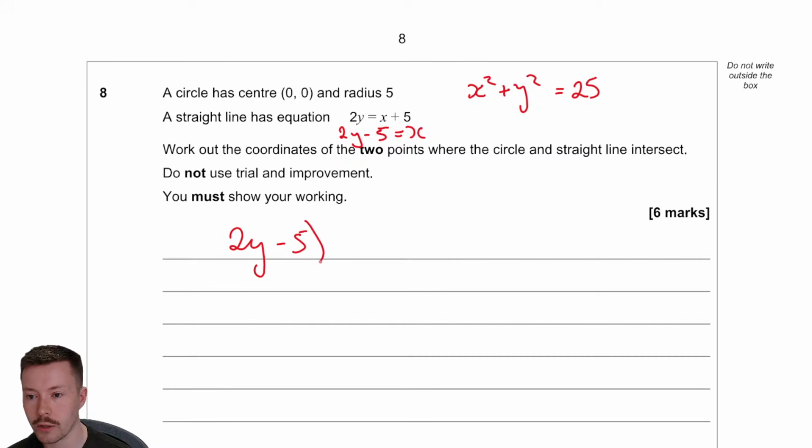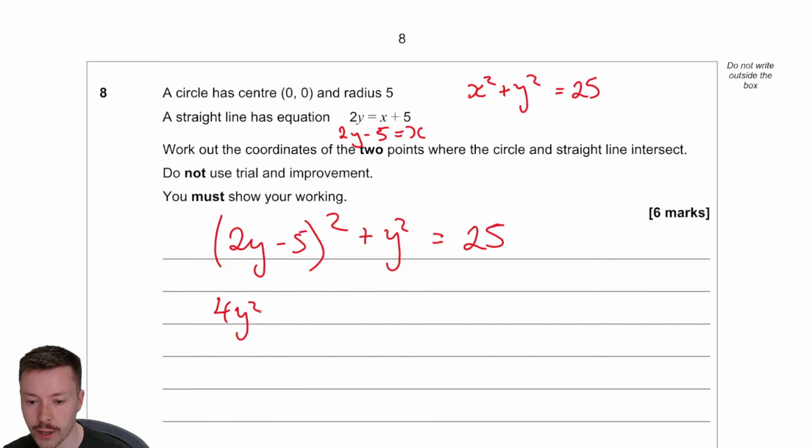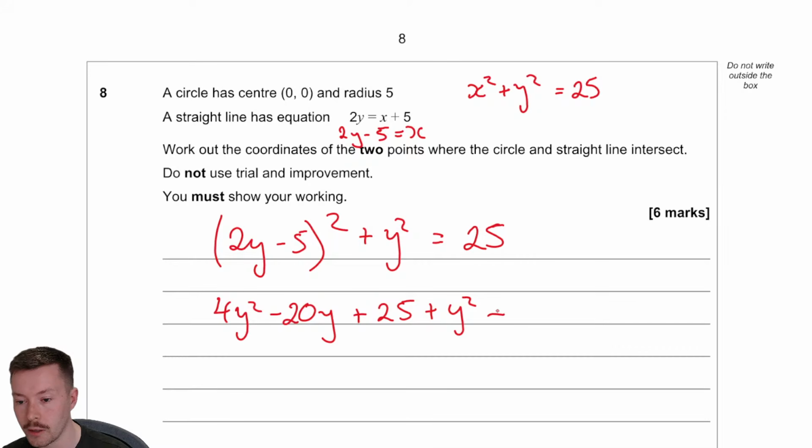(2y minus 5) squared plus y squared is equal to 25. Squaring this, we get 4y squared minus 5 times 2y is minus 10y. We've got 2 of them, so that's minus 20y, plus 25. That's quite nice, we've got the plus 25 plus the y squared from here equals 25. So the 25s cancel.